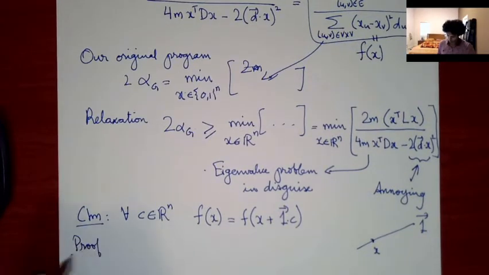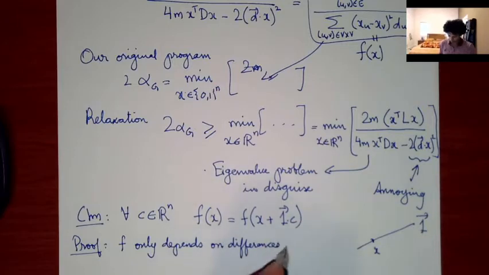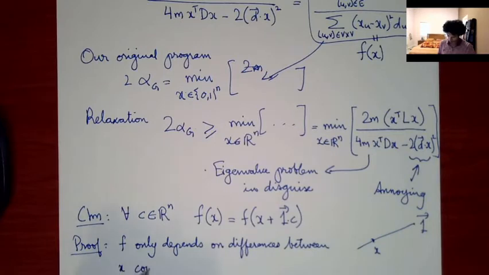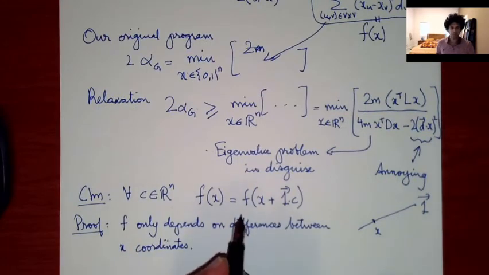Right? And the proof is because f only depends on differences between x coordinates. Now this is going to be convenient. Sash, yes? C is a scalar, right? It's a scalar.